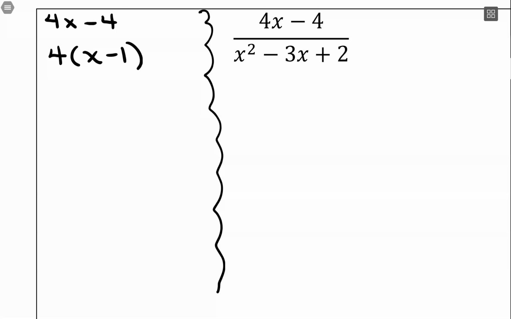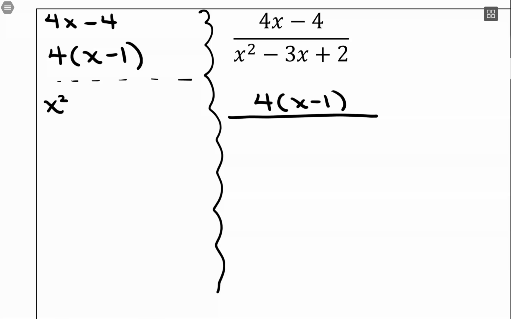So in my next step with the numerator there, I'm going to change that to 4 times x minus 1. Now for the denominator, what I'm going to do is take that x squared minus 3x plus 2 and factor that. So I'm going to factor into two pieces, two numbers that multiply to positive 2 but add up to negative 3. So that's going to be a minus 1 and a minus 2.